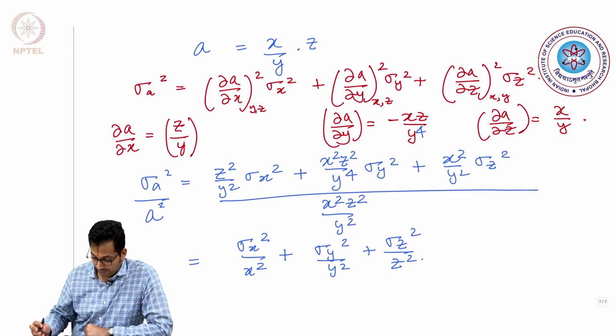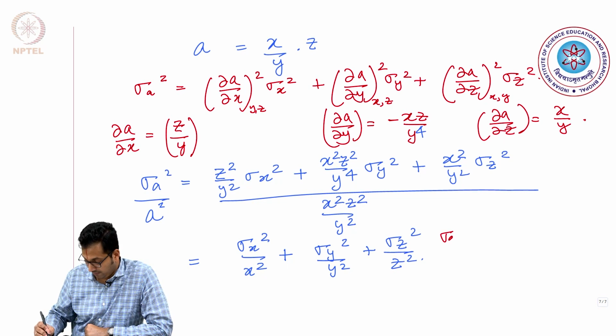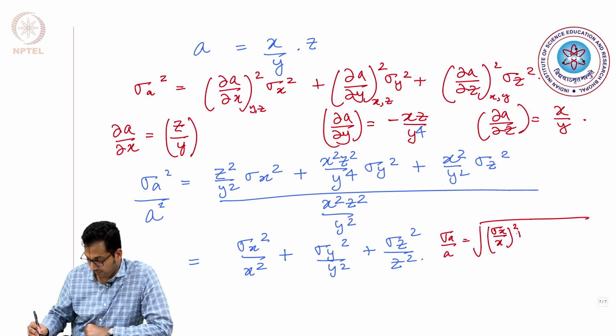Therefore, this reduces to sigma A by A is equal to the square root of (sigma x by x) the whole square plus (sigma y by y) the whole square plus (sigma z by z) the whole square.